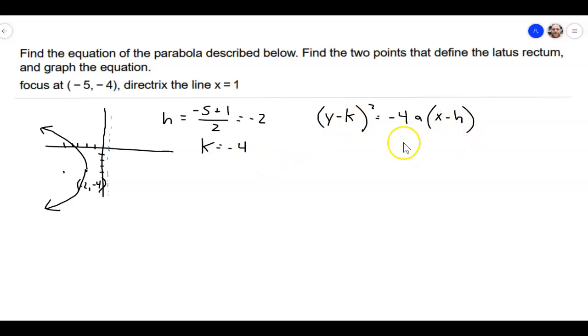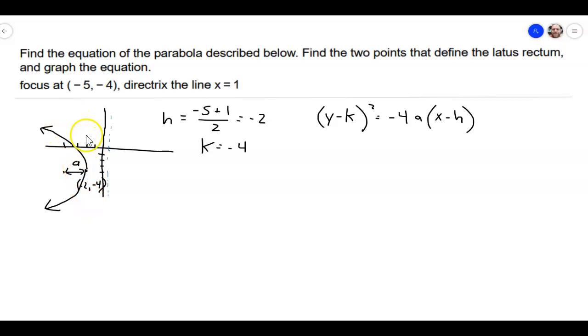That's -4. We have our h. We need our a. Our a is the distance between the focus and the vertex, or between the vertex and the directrix. I could use either one of those, but basically it is this distance right here. That is a. And we look at the positive values of a for this.